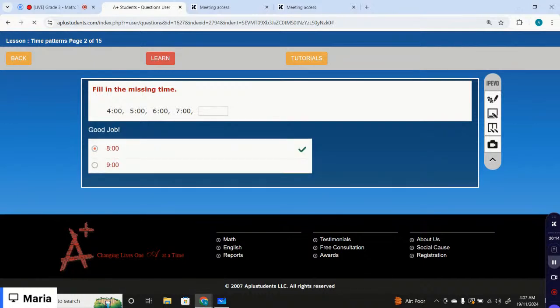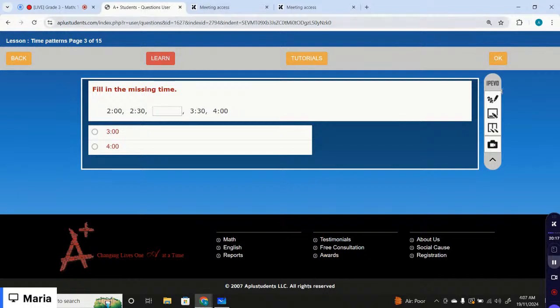Very good. Fill in the missing time. So which is the correct option?